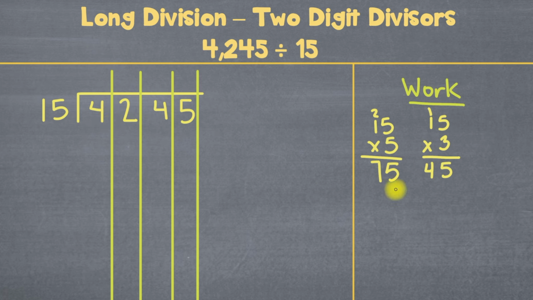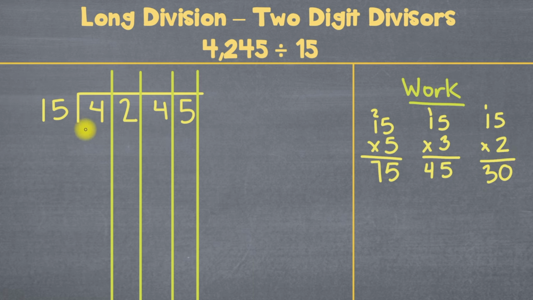But this is 45. So what we should do is try 2 now. So let's do 15 times 2. 2 times 5 is 10. We'll bring down the 0 and carry the 1. And then we've got 2 times 1 is 2, plus this 1 is 3. That gives us 30.